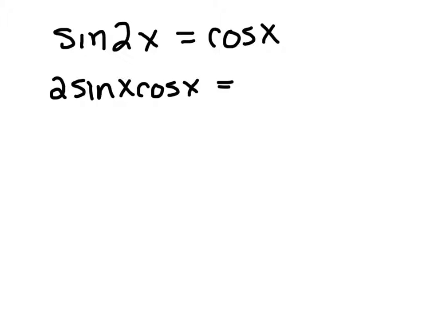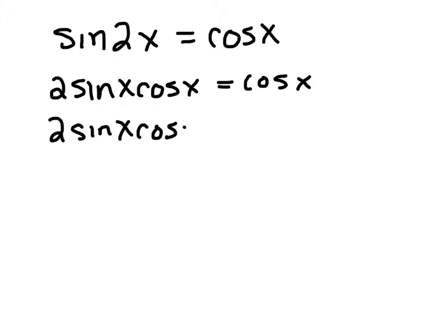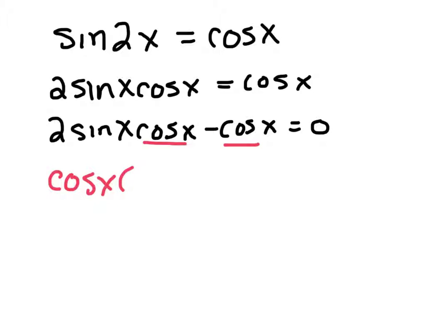So when is 2 sine x cosine x equal to cosine x? Let's get that equal to 0. So that's 2 sine x cosine x minus cosine x. And if you look at these, they have a cosine in common. So that's cosine times 2 sine minus 1.